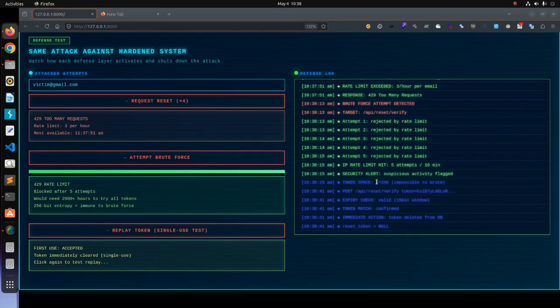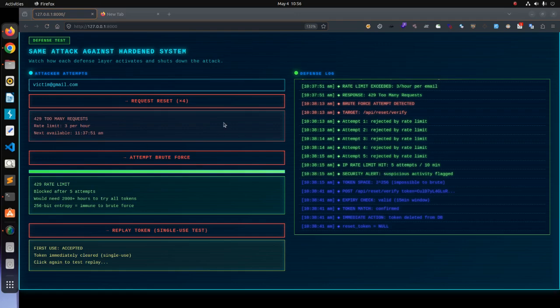So even if I had infinite requests, I would need to go through 2 to the power of 256 possibilities. That is the difference. The secure version was designed with controls from the start.